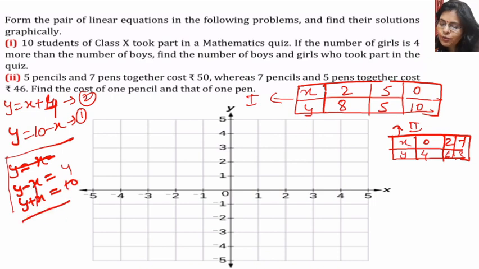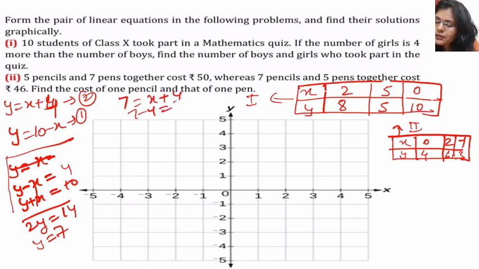And what do we get? 2y equal to 14, so y equal to 7. Putting the value 7 over here, what do you get? 7 equal to x plus 4, so 7 minus 4 gives x equal to 3.